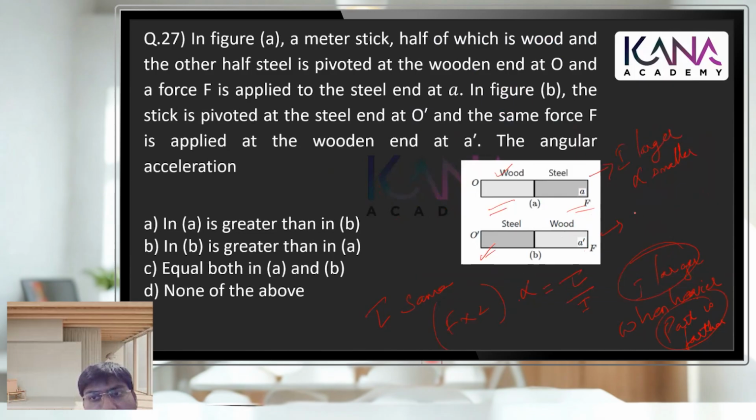In the other case I is smaller, so angular acceleration is larger. So the answer is case B. In terms of angular acceleration, it is greater in this case, and it's definitely not equal.